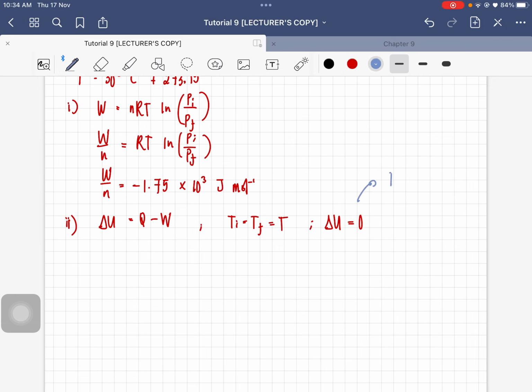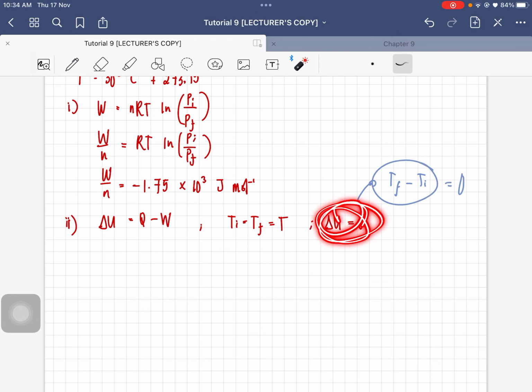Kenapa? Sebab sekarang ni T_f minus T_i. Kalau dua-dua sama, maksudnya equal to 0. So the change in internal energy should also be equal to 0 lah. So kita punya equation jadi Q equal to W.